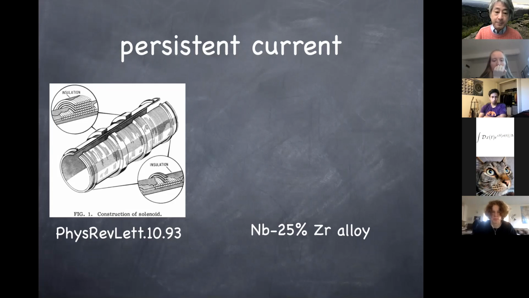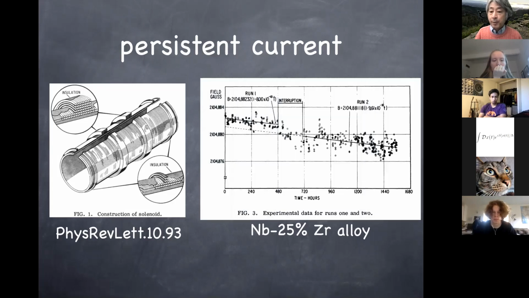And in this particular experiment, this superconducting wire is made of an alloy of niobium and zirconium. And they watched how the current may degrade over time. And you're already talking about a long time scale. This is 240 hours, that's 10 days, 20 days, 30 days, 40 days.